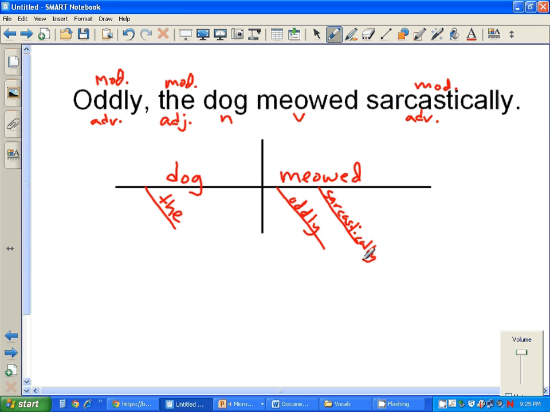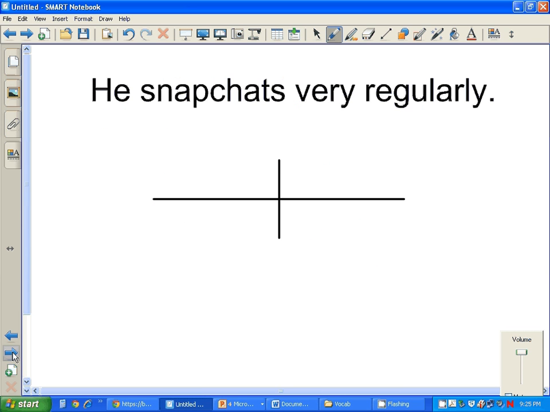In what manner? Oddly and sarcastically, they both fit there. And if we go back here, we got our subject, we also got our predicate. So that's classification and diagramming right there. Let's try this one on your own. Go ahead and pause the video now, see if you can accomplish it here.